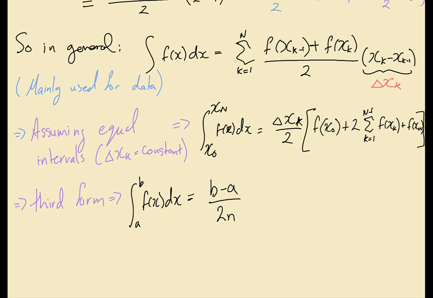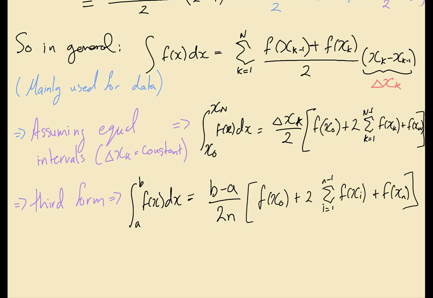And this is multiplied by f of x naught plus 2 times the summation i equals 1 to n minus 1 of f of xi, plus f of xn. I also could have written a instead of x naught and b instead of xn.